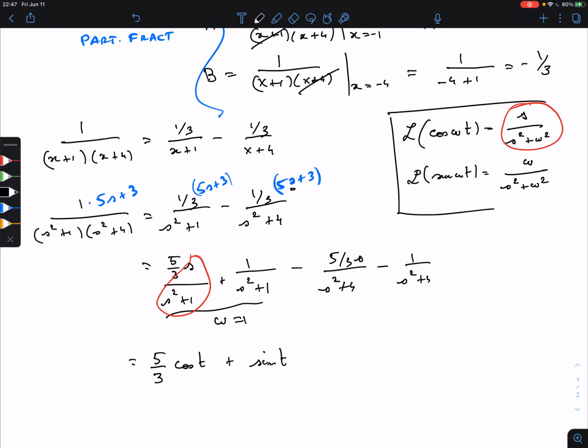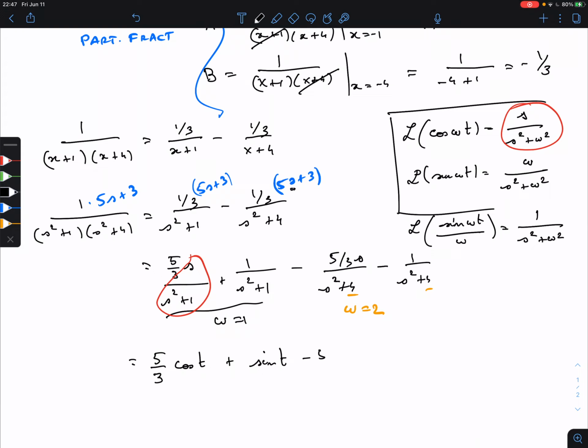Now be careful, here we have a different omega. Let me do another color here. This is the square of omega, so omega is 2 here. So we have to take into account in this formula that what you actually use is, no, let me do this in black. What you actually use is divide both sides by omega. Sine omega t divided by omega is 1 over s squared plus omega squared. Okay, don't forget that extra omega there.